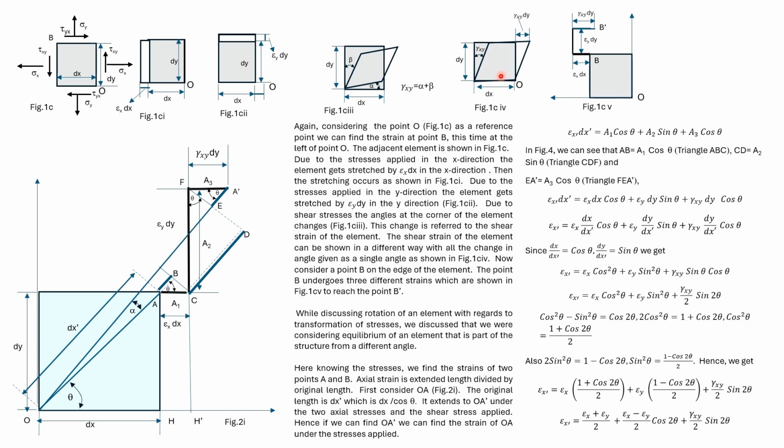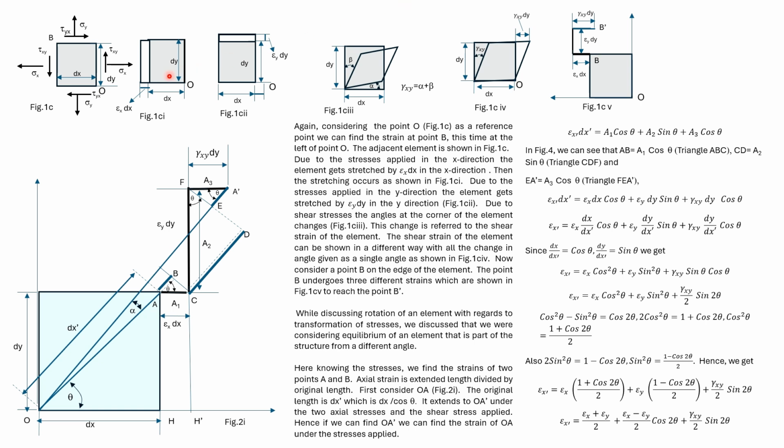The element is rotated and the shear strains are shown by one angle in this diagram. The point P moves by gamma xy dy due to shear stresses. In this diagram, the strain of point B due to the three different types of stresses is shown.